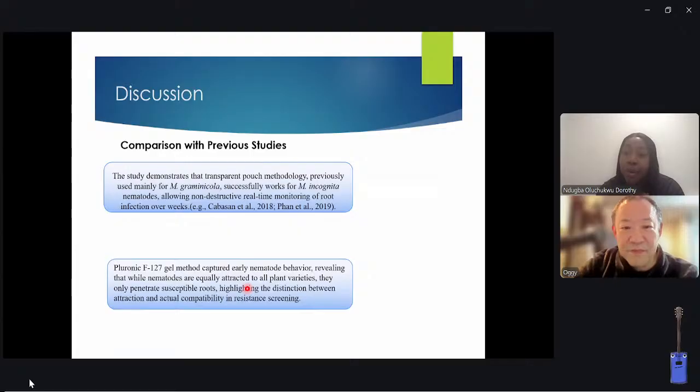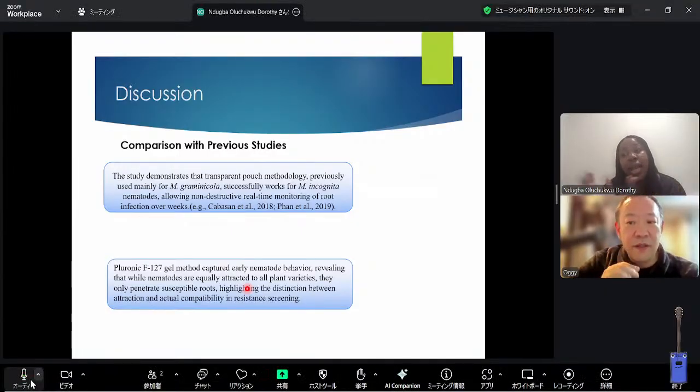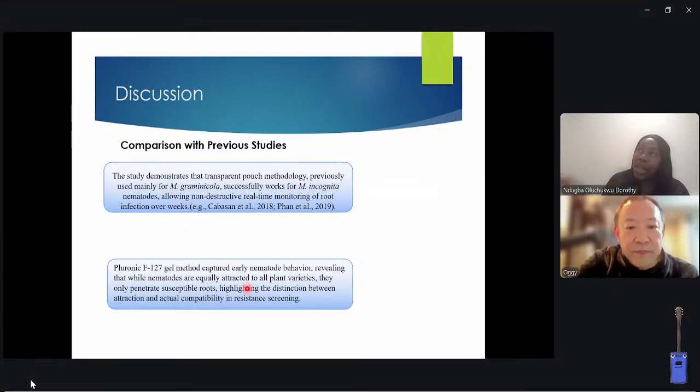But in Nigeria, Meloidogyne graminicola is not causing damage to rice; the one causing damage to rice is Meloidogyne incognita. And in Japan, Meloidogyne incognita is not causing damage to rice. It's just like pests and diseases: a pest that is obvious in Japan, causing havoc to plants and crops, and in Nigeria that pest is not causing any havoc, or can't even be found.